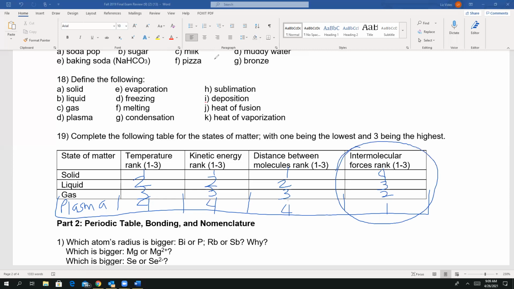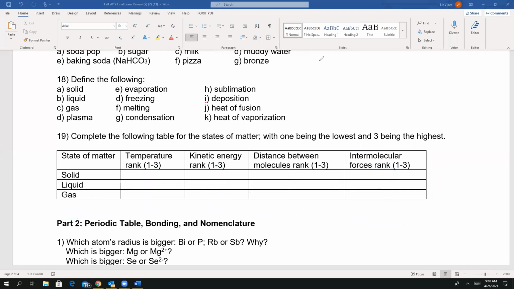The one thing that's different is the intermolecular forces, because the closer you are, the more attracted you're going to be to each other, right? So that makes sense. And since the molecules are lower, they have less energy, the temperature is lower, then the intermolecular forces are the highest. And that's how they go. All right, now let's go to the next part on the mouse here. Okay.